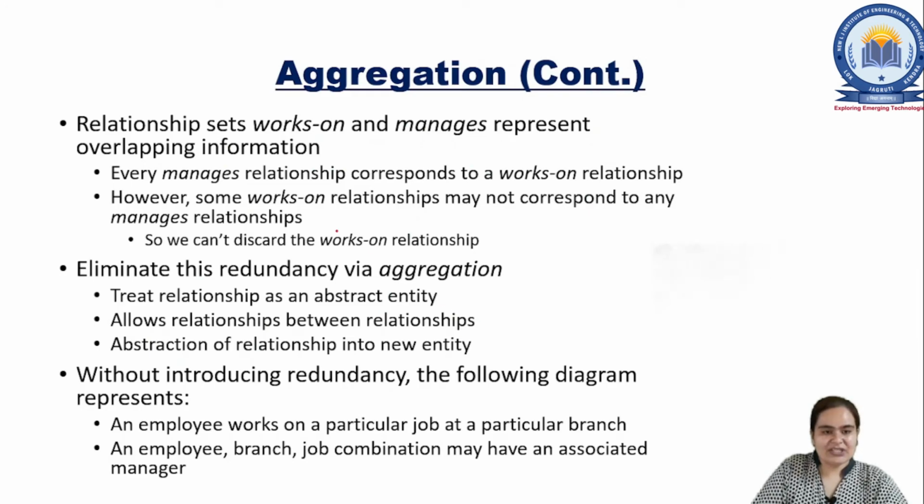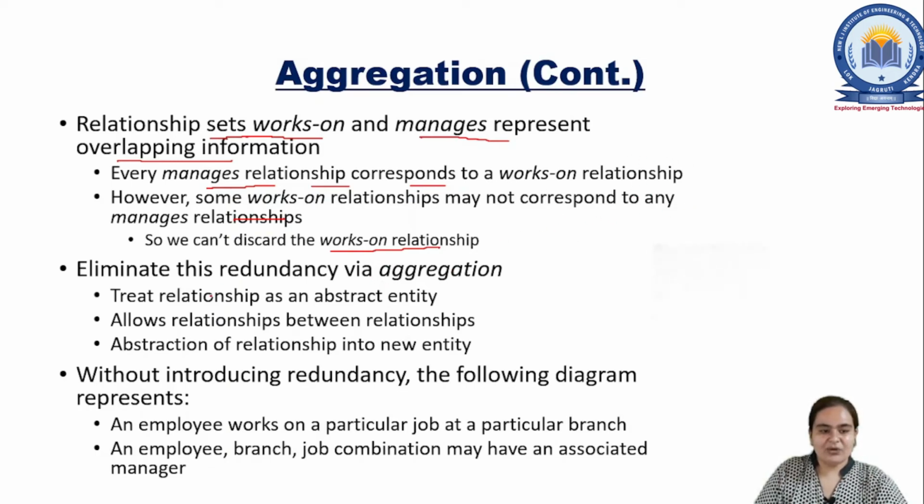Now aggregation: the relationship set works on, as we have seen previously, and manages represent overlapping information. Each and every manages relationship corresponds to works on as well as to the other relationship, so we cannot discard the works on relationship within that relationship set.